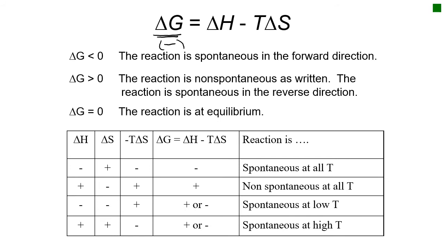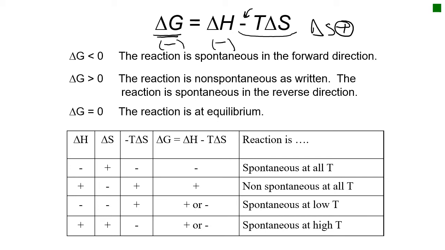So if we think about this, we can look at the signs. One obvious way is if we have a delta H that is negative, that's going to give us a negative, equals a negative. That's going to help. And if we want to continue this, notice we're changing the sign here, but we want this entire mess to be negative as well. And the only way for this entire mess, this minus T delta S, to be negative is for delta S to be positive.